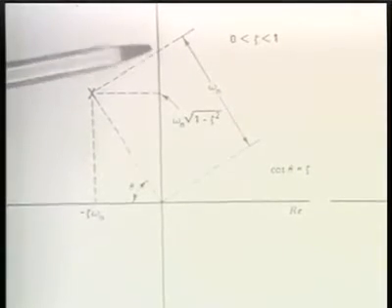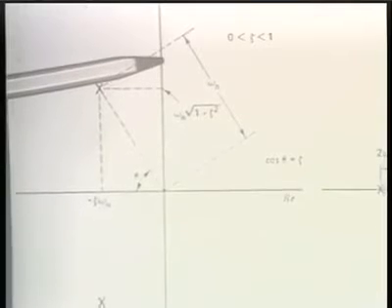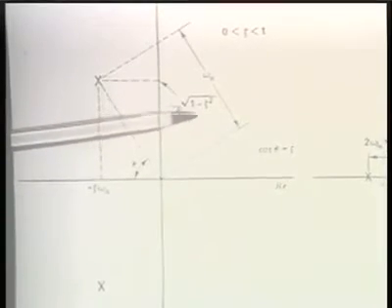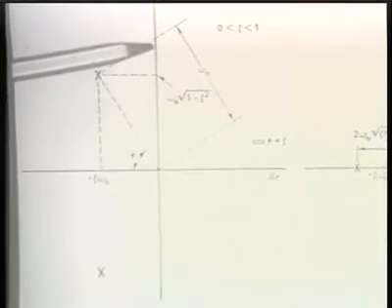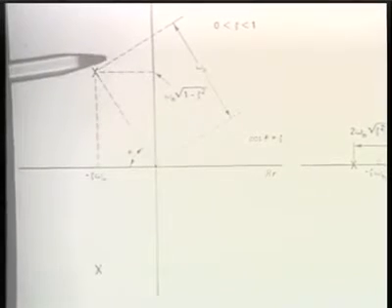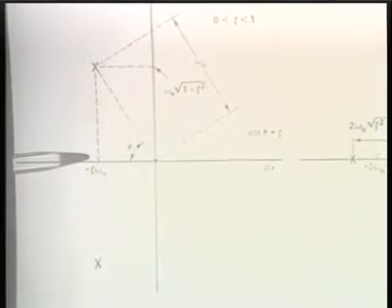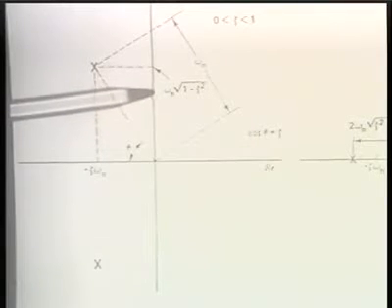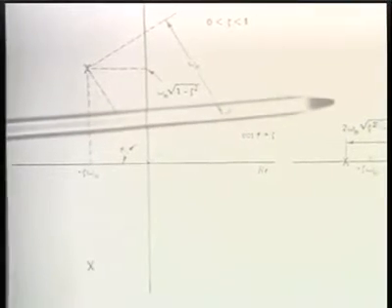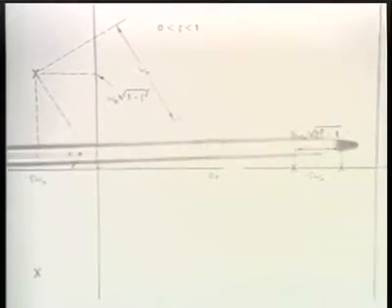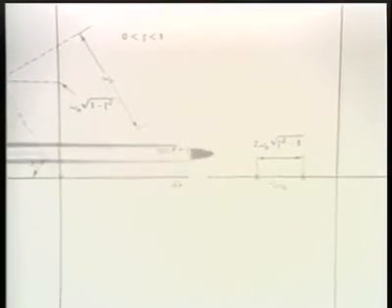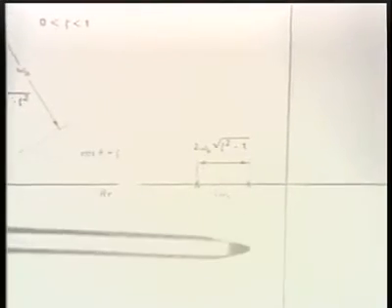As zeta increases and gets closer to 1, the poles converge toward the real axis. And then in particular, for zeta greater than 1, what we end up with are two poles on the real axis.